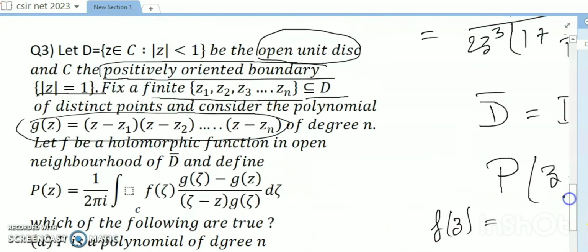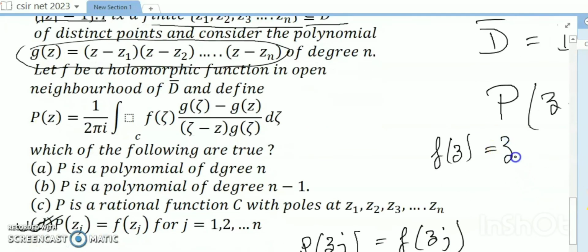Or suppose f(z) is equal to z. So p(z), how can we get that p is a polynomial of degree n? It is not possible. And p is a polynomial of degree n minus 1? This is not possible, okay.